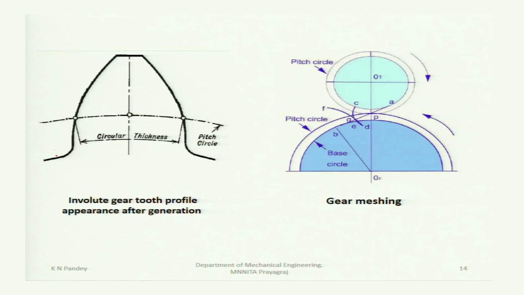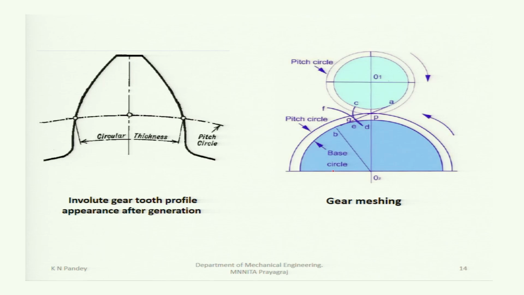Well, this figure shows a gear tooth with an involute tooth profile. This has a pitch circle. Along the pitch circle, the thickness is called the circular thickness, and here a gear mesh is shown: the base circle of the gear, pitch circle of the gear, base circle of the pinion, pitch circle of the pinion passing through the pitch point P, and your pinion is rotating in a clockwise direction and the gear is rotating in an anti-clockwise direction.